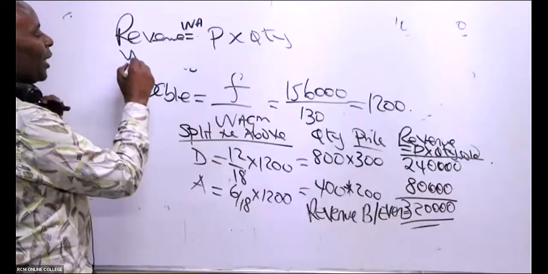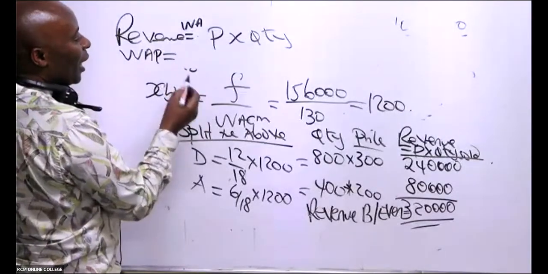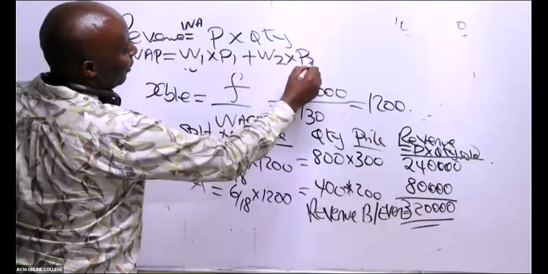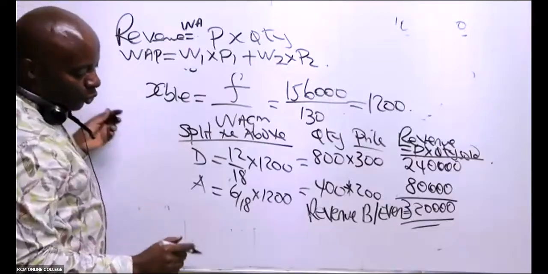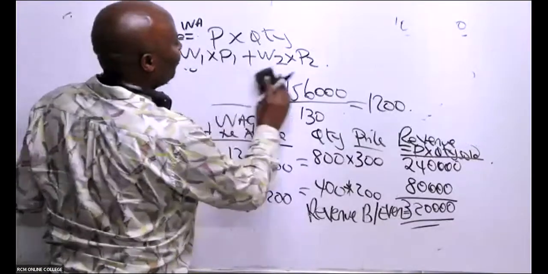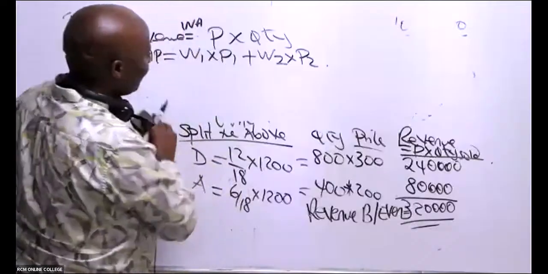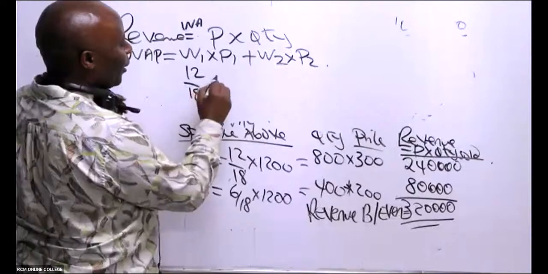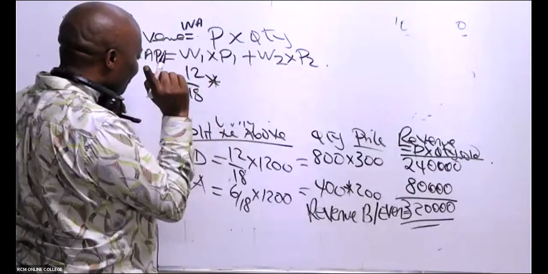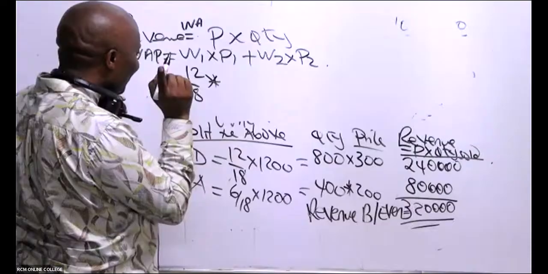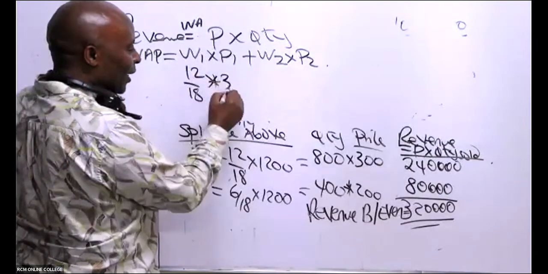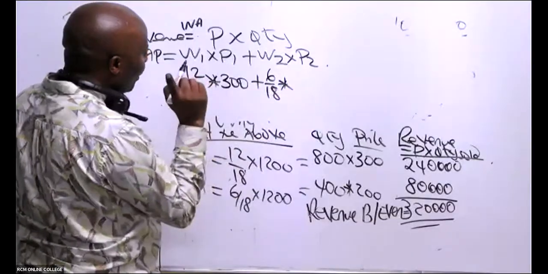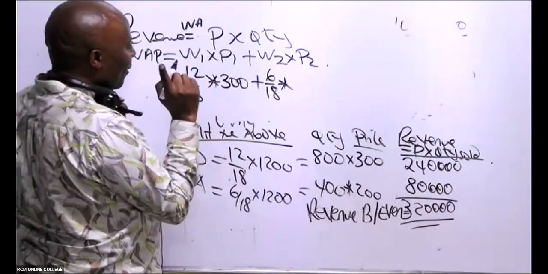How do we get this weighted average price? Very easy. I will take weight 1 times price 1 plus weight 2 times price 2. So do we have the weights? The same weights. So weight 1 will be 12 over 18, times price 1, which is 300, plus weight 2, which is 6 over 18, times price 2, which is 200.